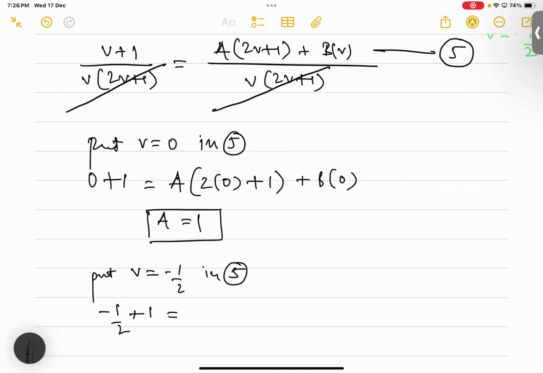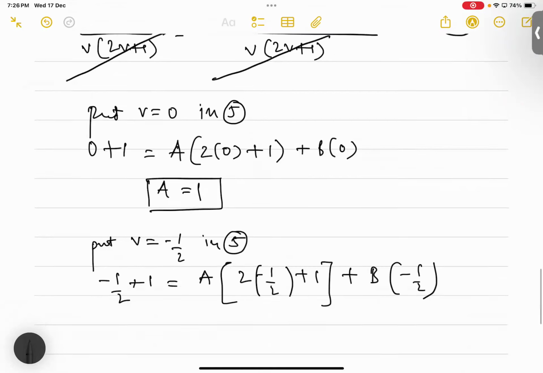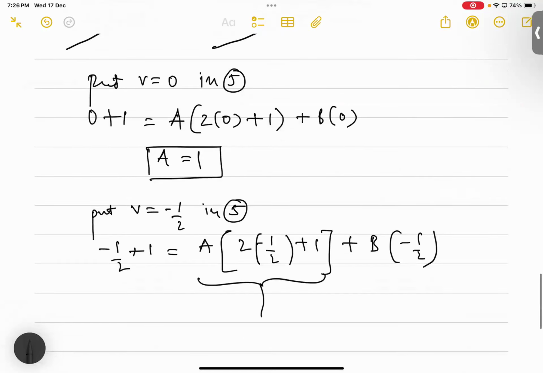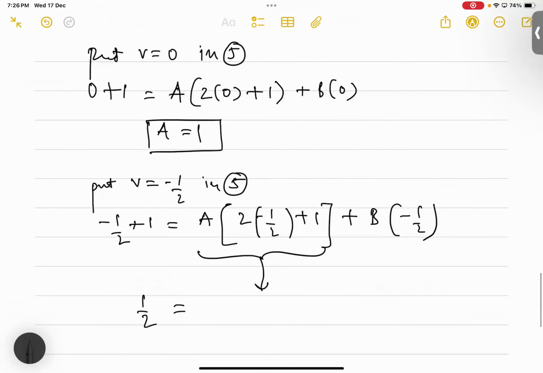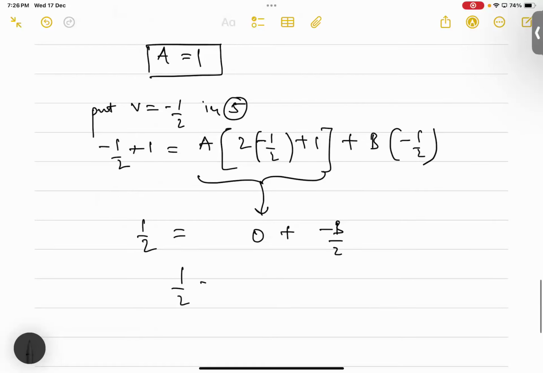Minus half plus 1, 2 into minus half plus 1, B into minus half. What will be the value of this? Anyone? How? Minus B by 2. So half is equal to minus B by 2. B is equal to minus 1. Clear?